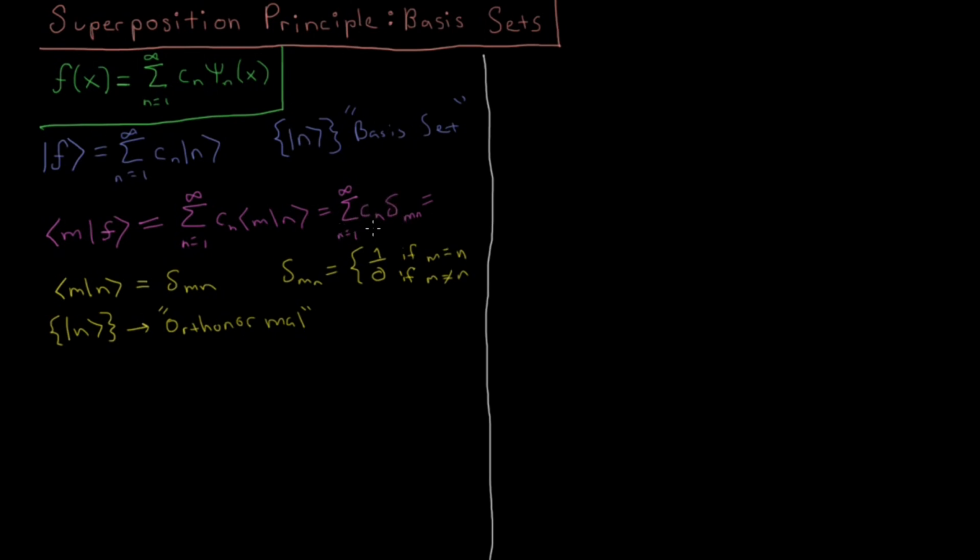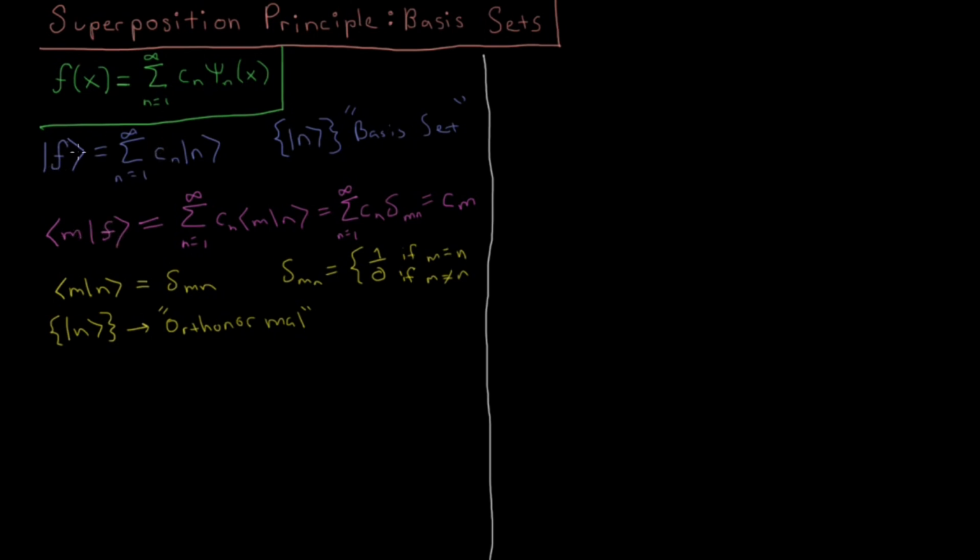So the only value for which this term isn't going to go to 0 is when n equals m, and we get Cm back. So in fact, we can see from this that this is going to be a way for us to get what these coefficients are.